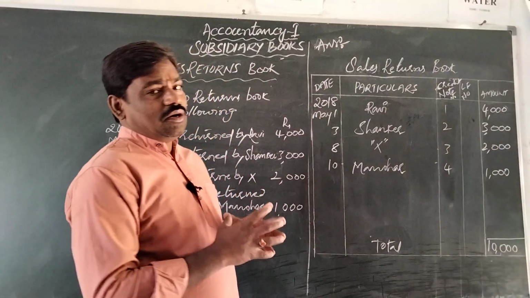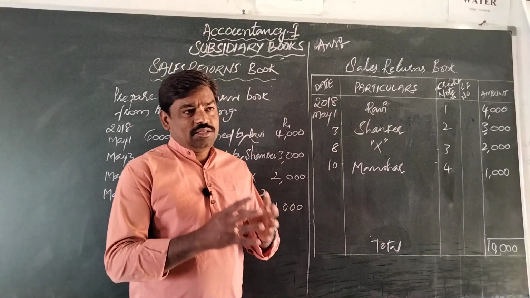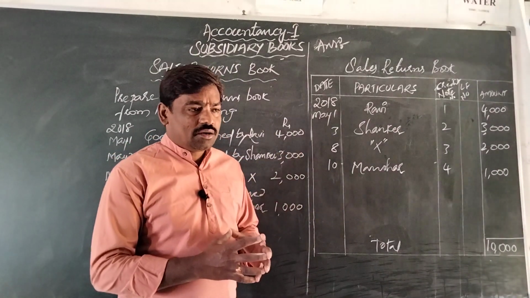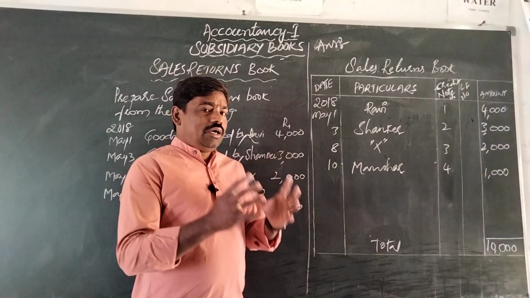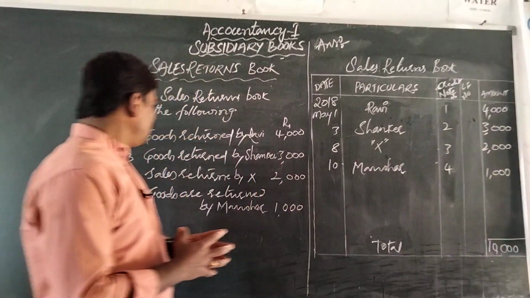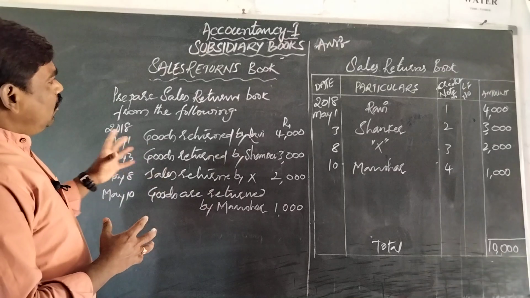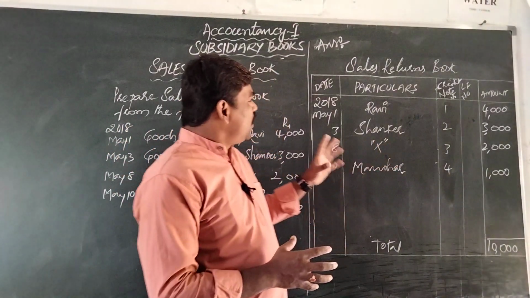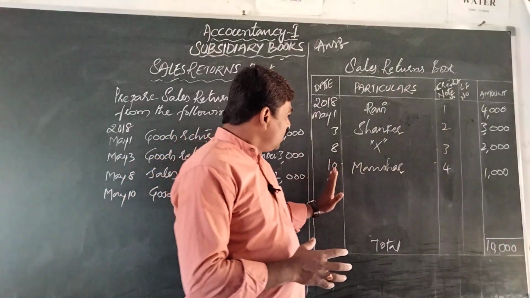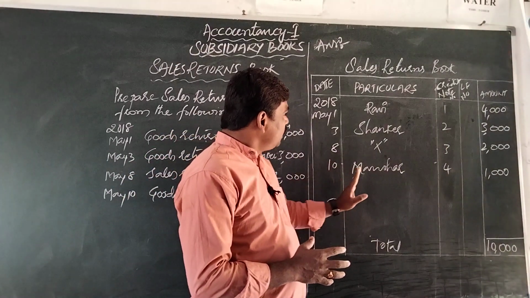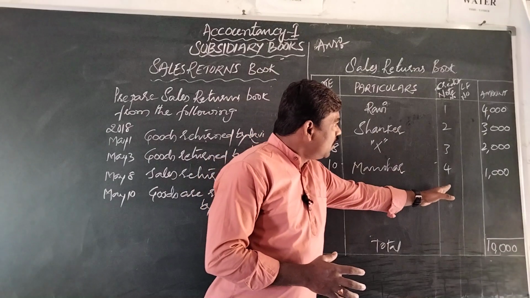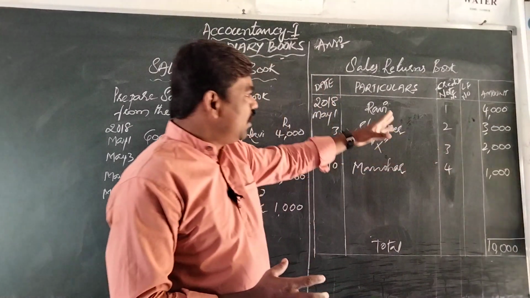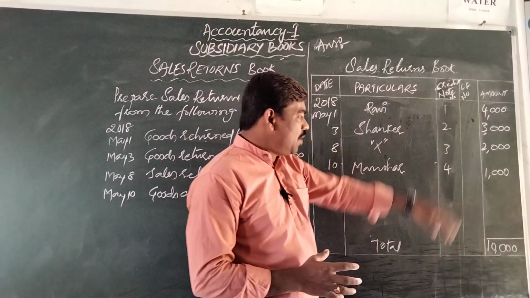There is a traditional practice that this information can be recorded in red ink. In the sales returns pro forma you will find 5 columns: date column, particulars column, credit note number column, LF number column, which means ledger folio number, and amount column.